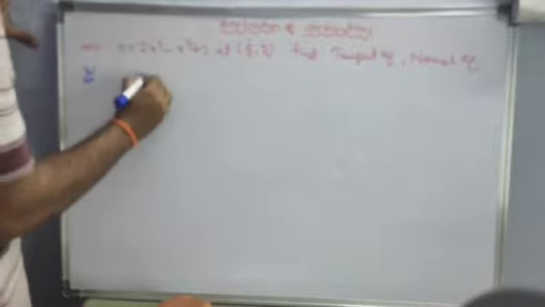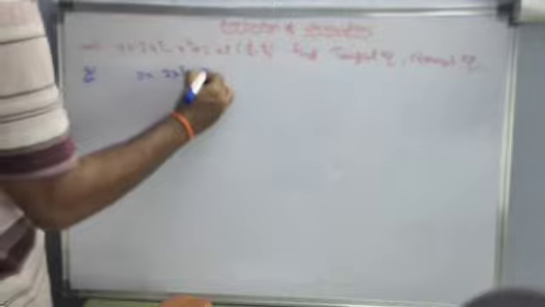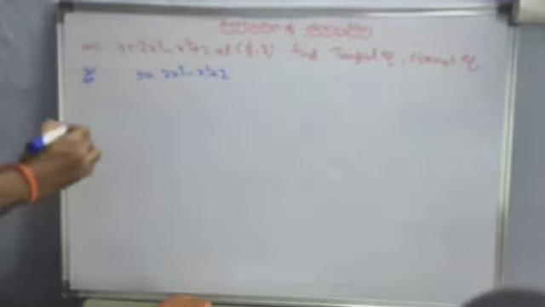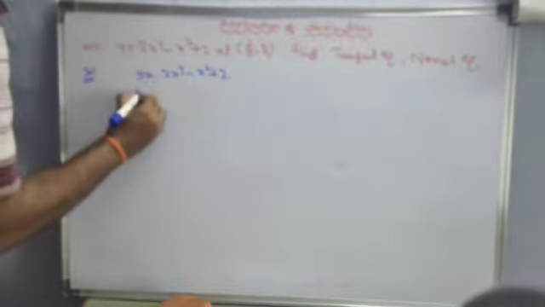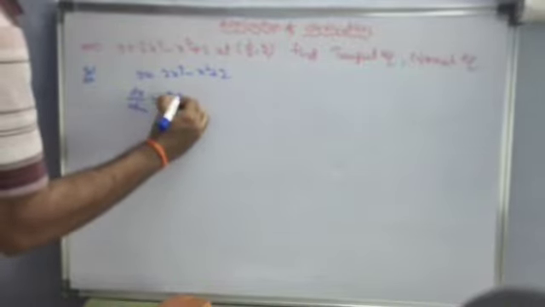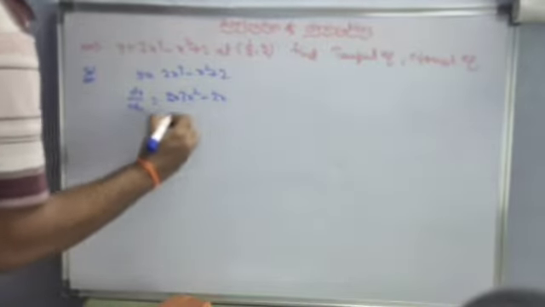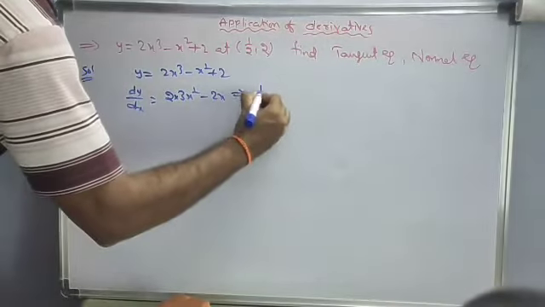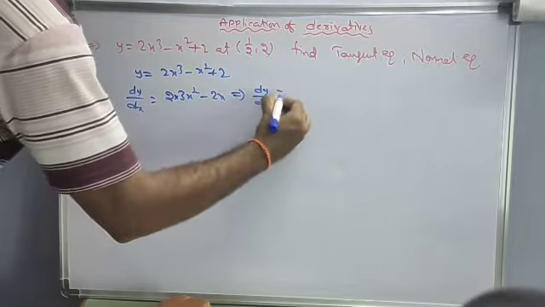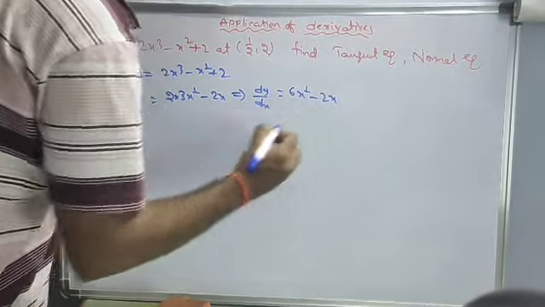In the solution, y equals 2x cube minus x square plus 2. So dy by dx equals 6x square minus 2x.